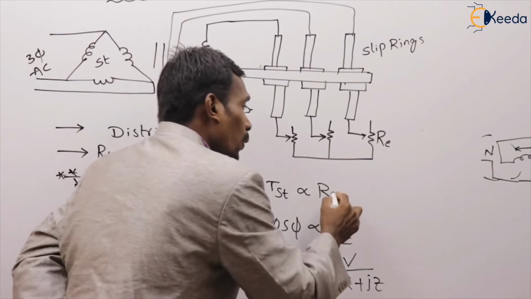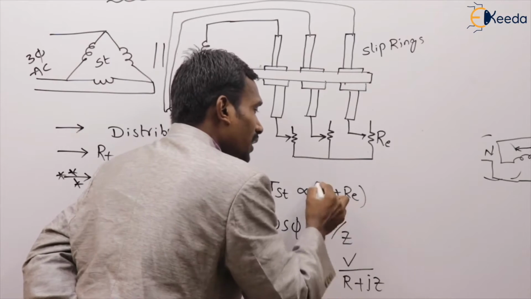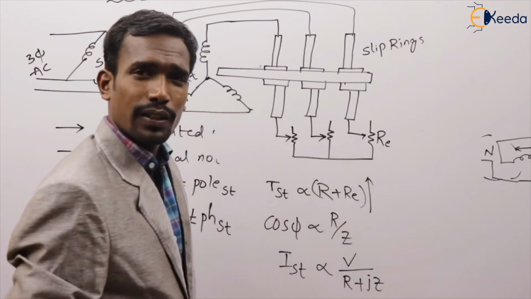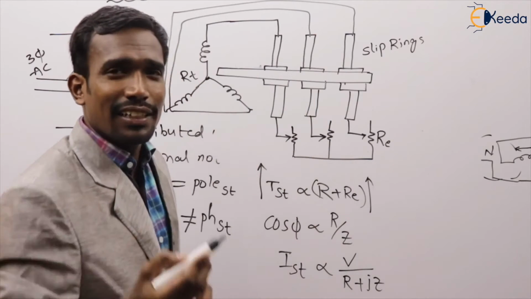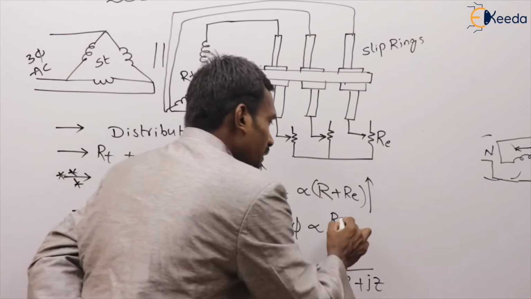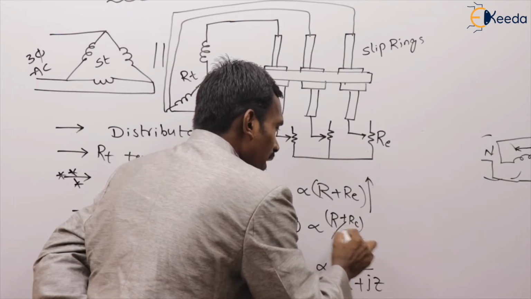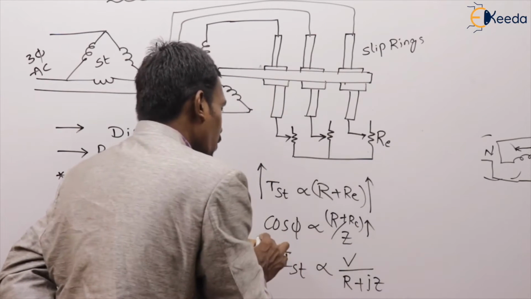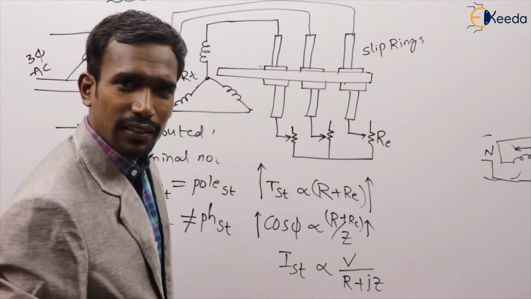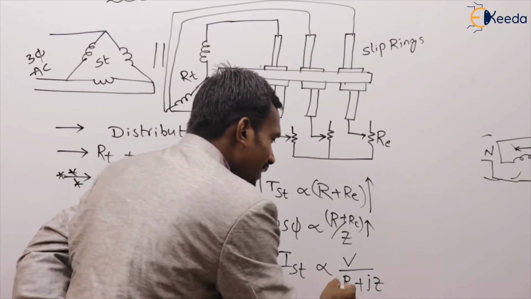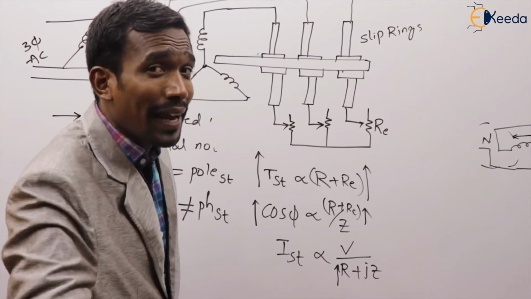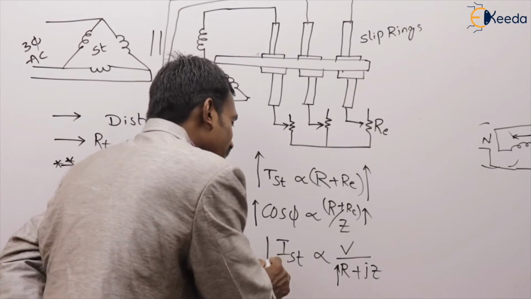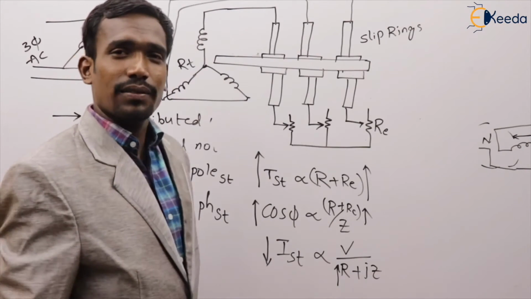Then only we can increase the total resistance value. If total resistance increases, we can increase the starting torque. If total resistance increases, we can increase the power factor. If total resistance increases, tell me, we can control the starting current.